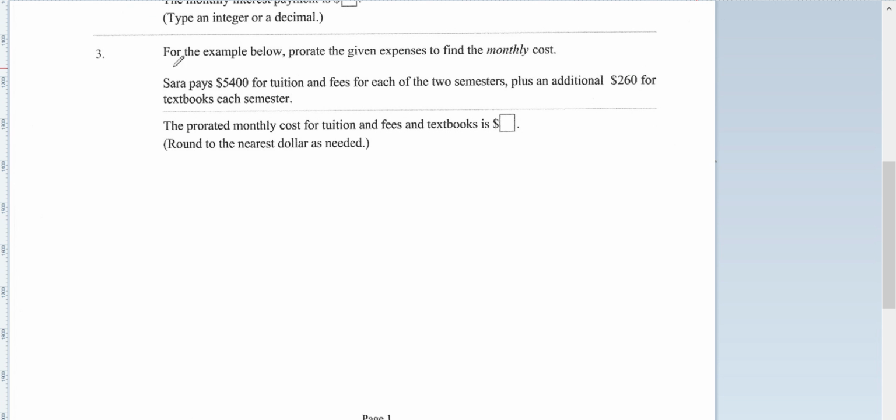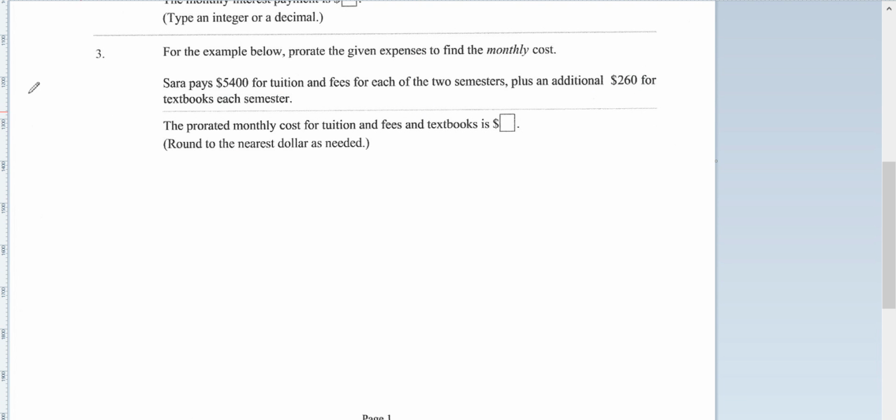For the example below, prorate the given expenses to find the monthly cost. All right, Sarah pays $5,400 for tuition and fees for each of the 2 semesters, plus an additional $260 for textbooks each semester.